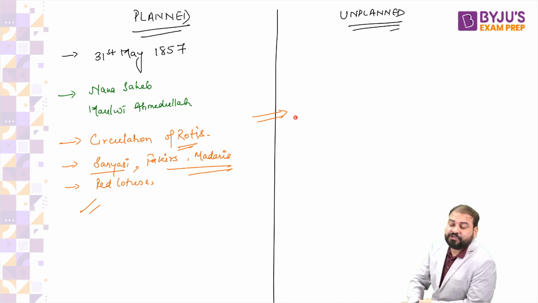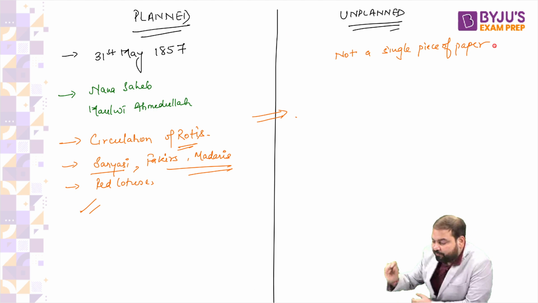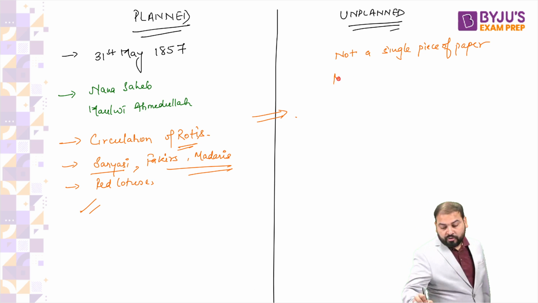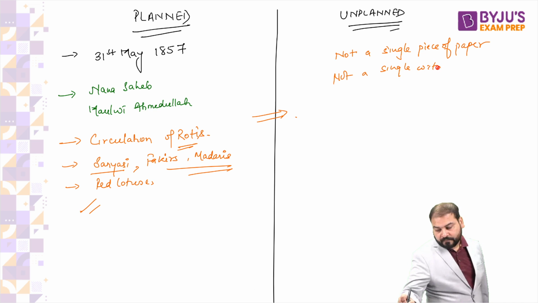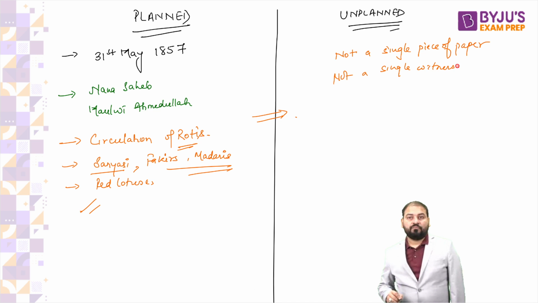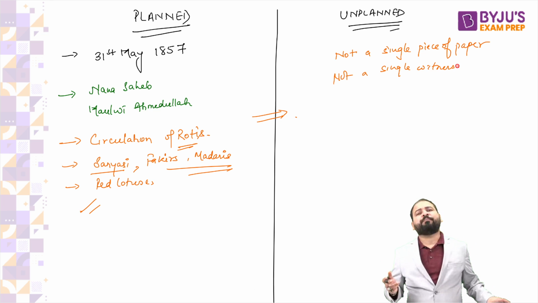But then other people say it is unplanned. And their point is, not a single piece of paper, not a single witness. They say that please show me even one piece of paper.